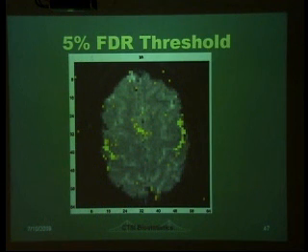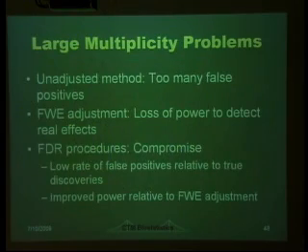And if you do a false discovery threshold, you allow a little bit of noise as long as it's not much of what you're finding. And you get better power to pick up more of the signal. So that's the main benefit of doing this false discovery rate procedure. Unadjusted method, too many false positives; family-wise error adjustment, loss of power; and the false discovery rate procedure is basically a compromise in this setting.